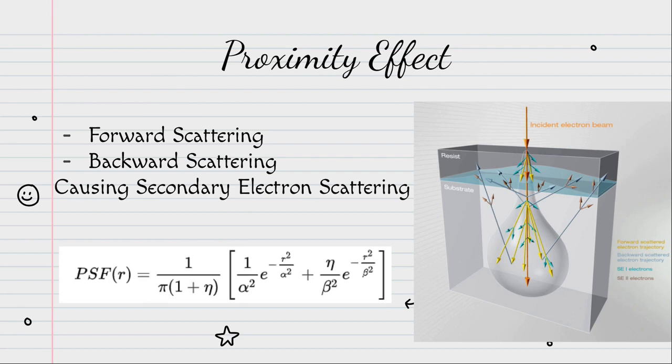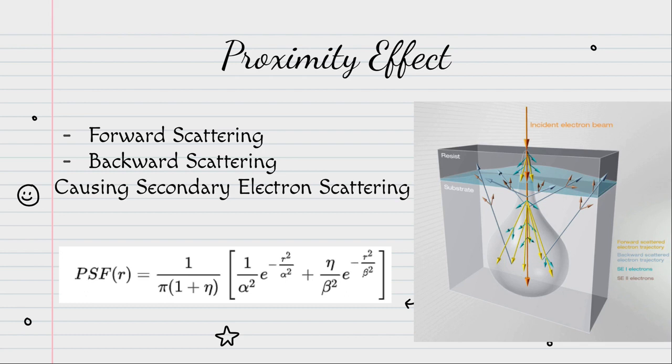Though damaging the substrate is no big deal, the scattering electrons may contribute to unnecessary resist exposure, and they also excite the resist and the substrate, causing secondary electron scattering, which expands the undesired exposure.